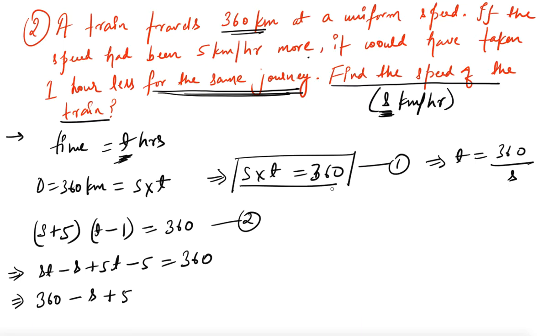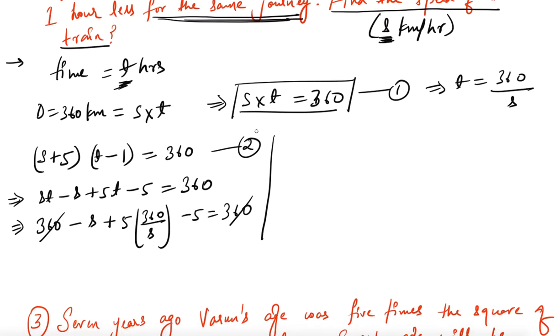When it comes to the RHS, it will come as a division, so t will be equal to 360 by s, so that value I will substitute here. 360 minus 5s plus 1800 by s minus 5 is equal to 360. This 360 and this 360 cancel each other. So now I have minus s plus 1800 by s minus 5 is equal to 0.